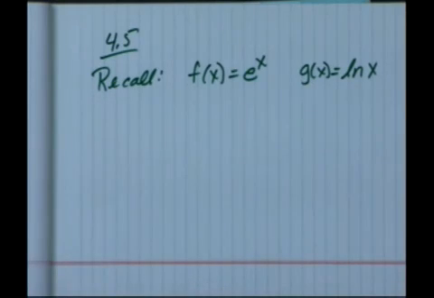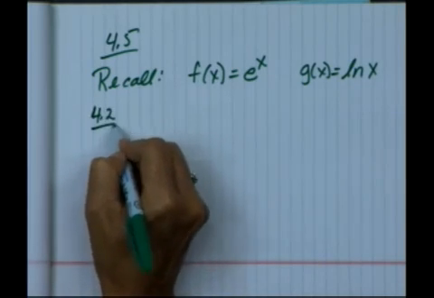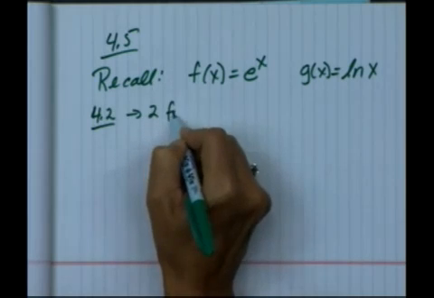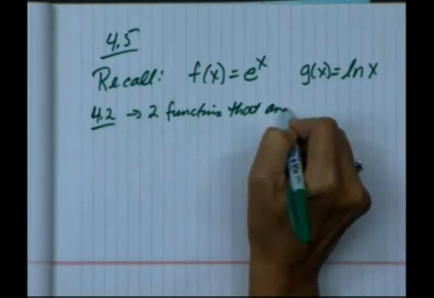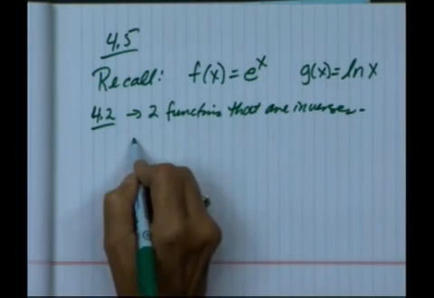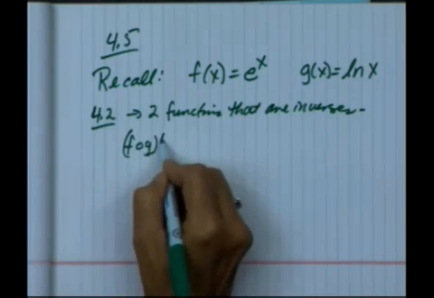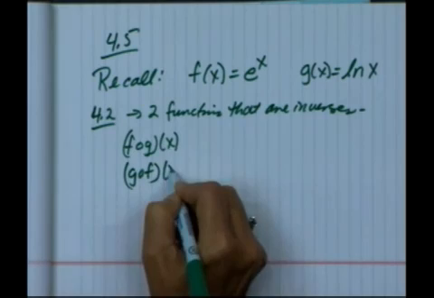All right, now go back in your memory, in your brain, don't look it up. Let me get the right section though. Section 4.2, when we studied inverse functions. If two functions are inverses, what did you learn about the composition of f and g at x, as well as the composition of g and f at x?